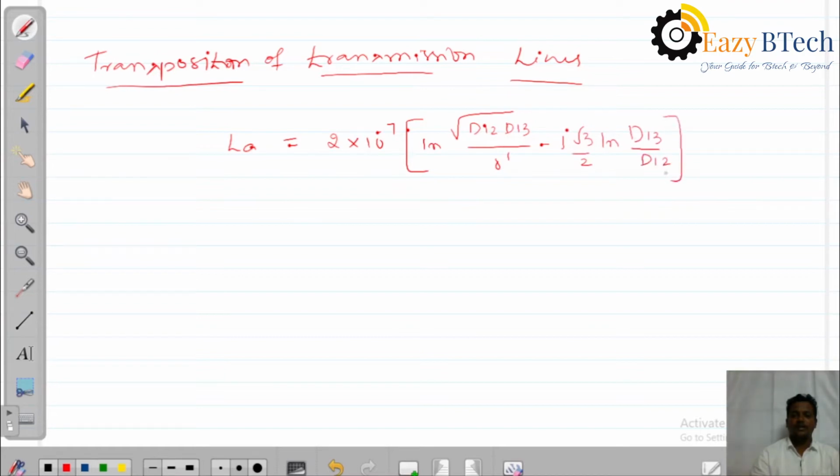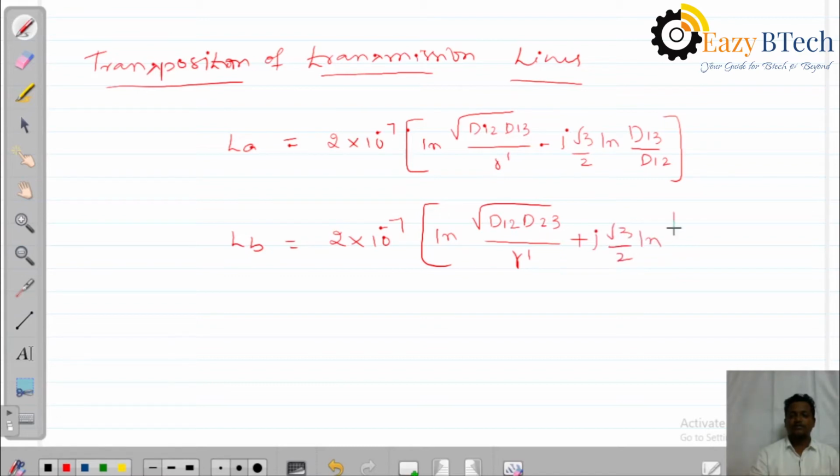For the B phase, the inductance is 2 into 10 power minus 7 ln root d12 d23 divided by r dash plus j root 3 by 2 ln d23 by d12.